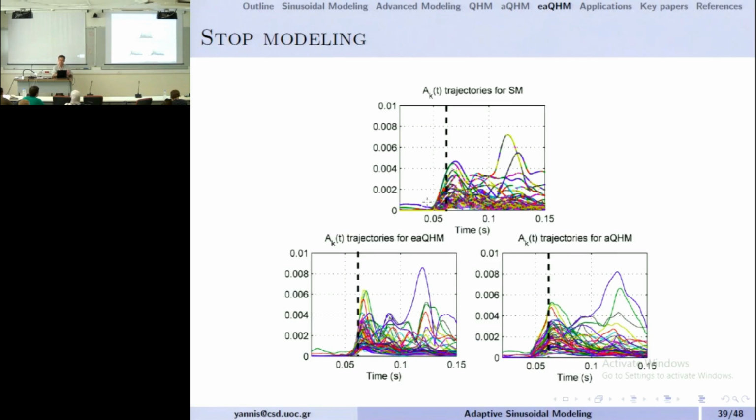That's why it makes this, how do I call it? Pre-echo. Yes, pre-echo. Thank you very much. If I do the adaptive quasi-harmonic model, I also have components there. But if I do the extended adaptive quasi-harmonic model, then mainly there is nothing before the release, and everything is after.